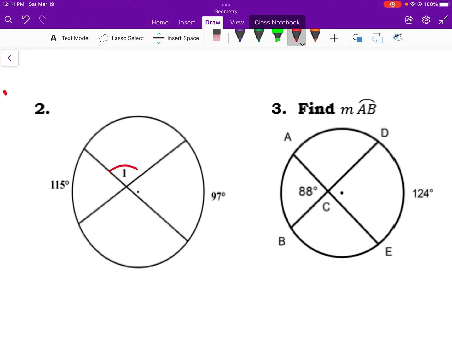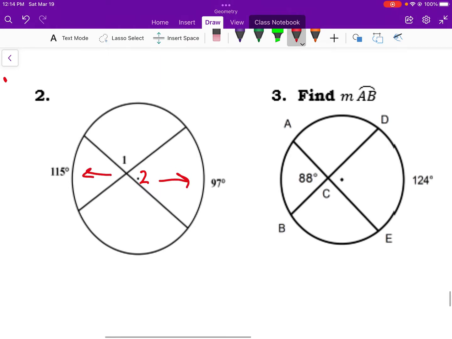Okay, now we're looking for angle 1. We would typically add the arc across from it and the other arc, but those values are currently missing. So instead, let's designate a 2 for a second and solve for 2, and then we can use that information to go back and solve for 1. So I'm going to solve for 2 first, knowing that I have to use its arc and its vertical angle's arc.